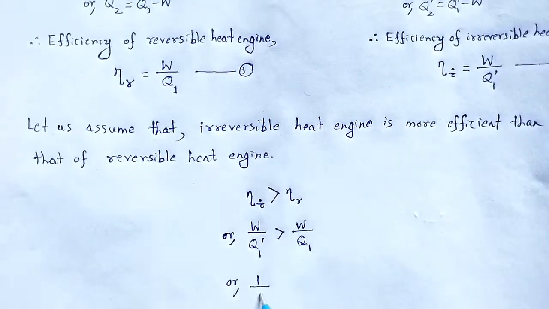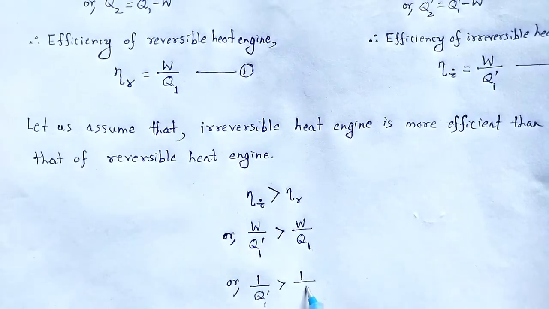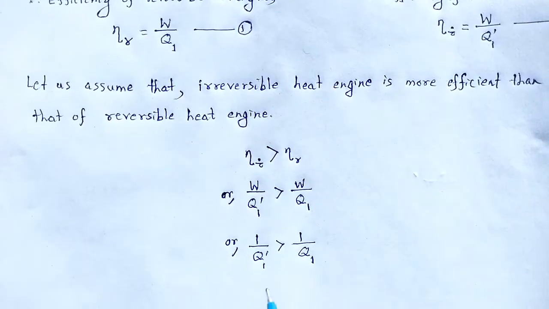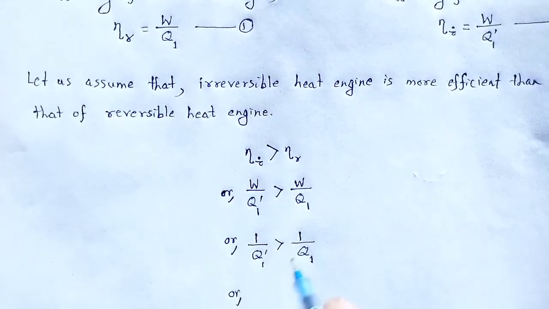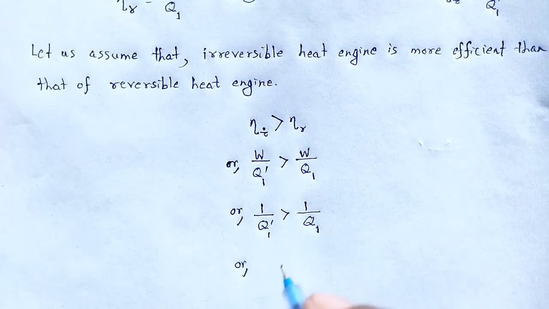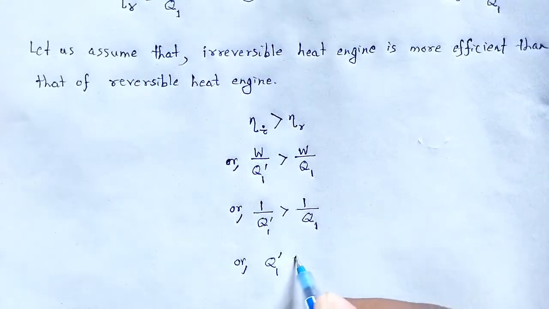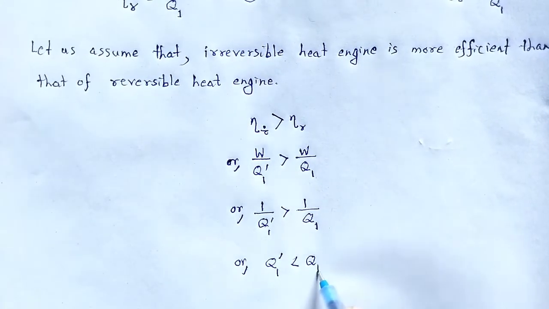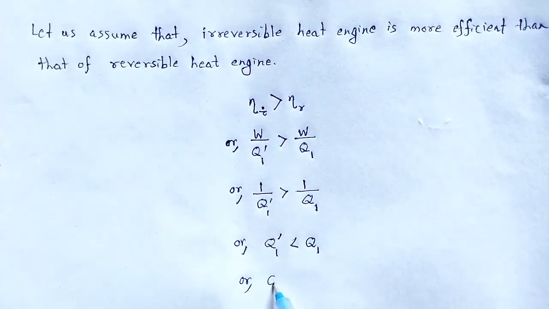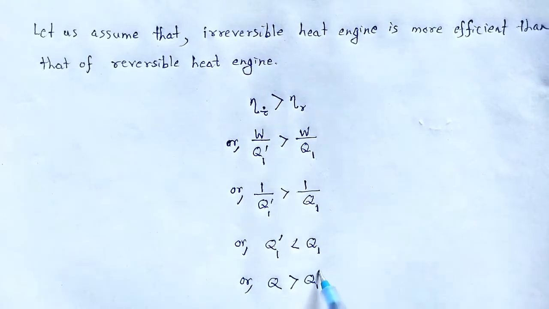So, 1 by Q1 dash is greater than 1 by Q1. Taking the cross multiplication, Q1 dash is less than Q1, or Q1 is greater than Q1 dash.